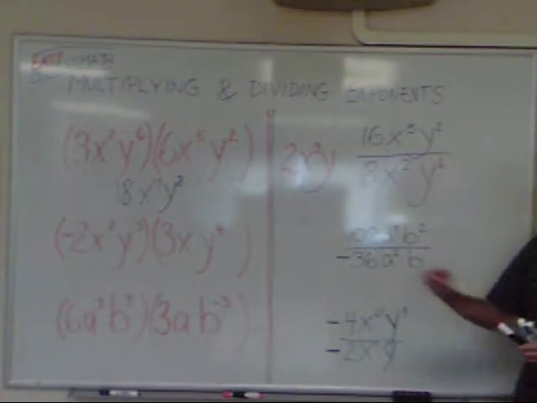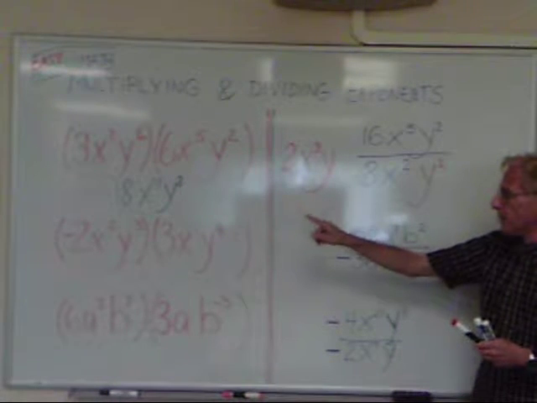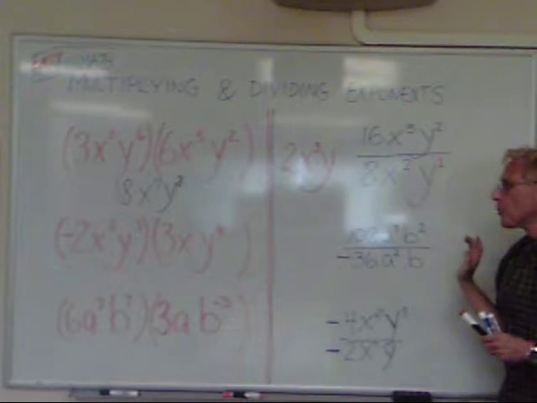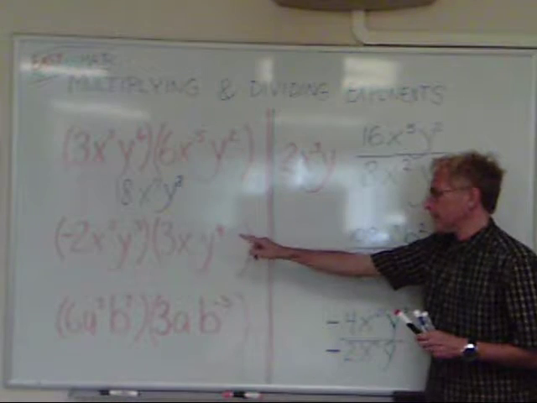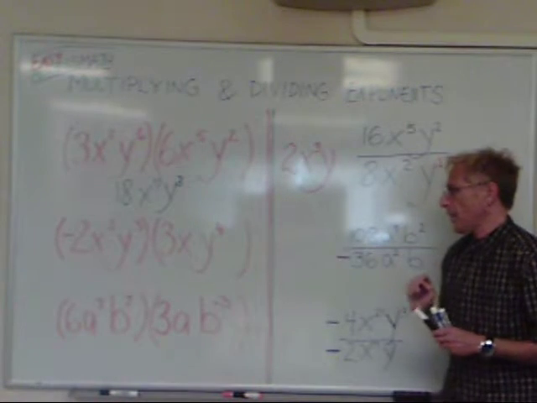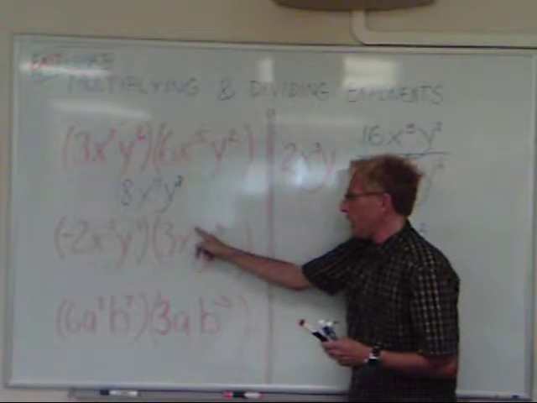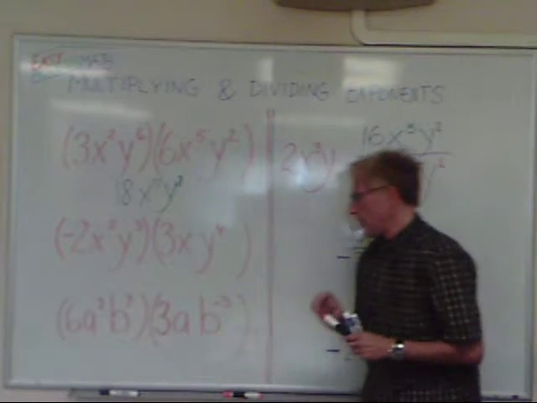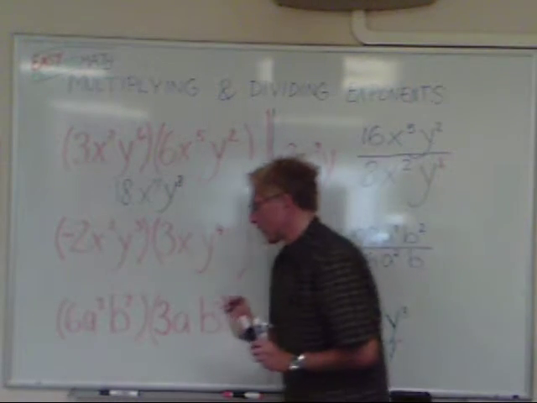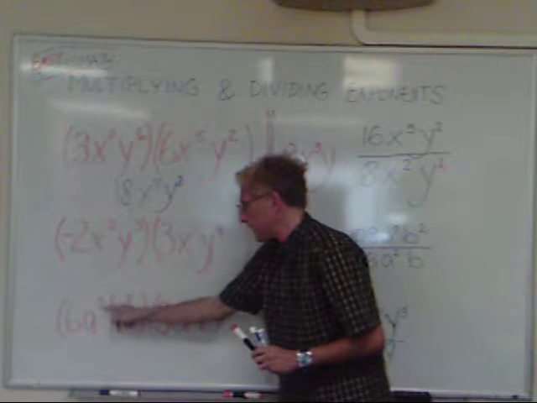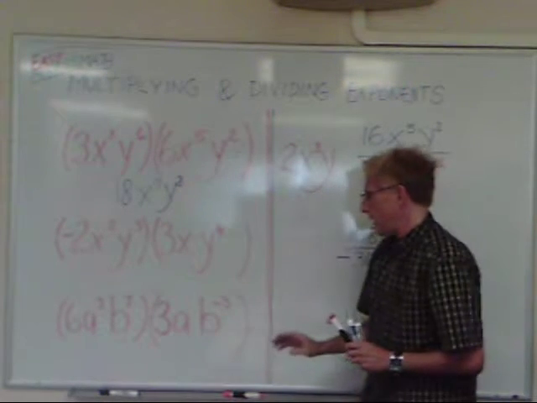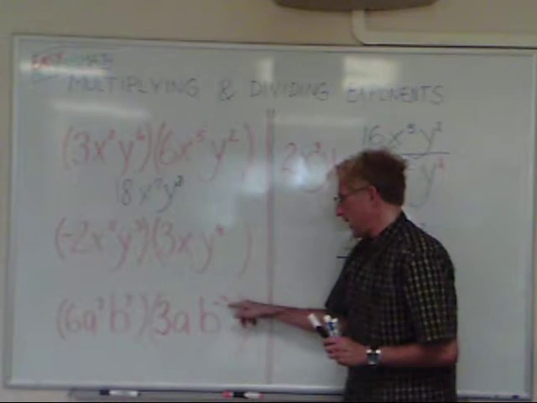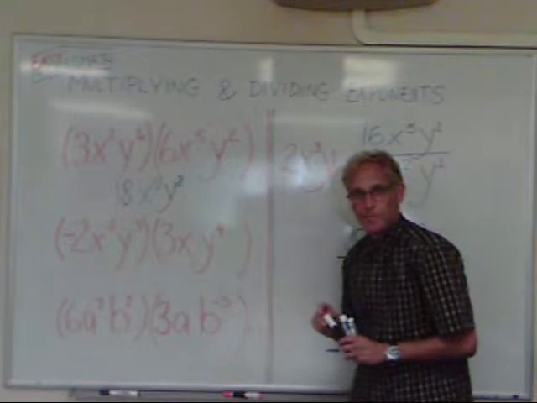The multiplication, we have negative 2x squared y to the 3rd in the first parenthesis, multiplied by 3x y to the 4th. And remember, that would be a 1 over there. And the second one, we have in the first monomial 6a to the 2nd, b to the 7th, and 3a, b to the negative 3rd in the second monomial.